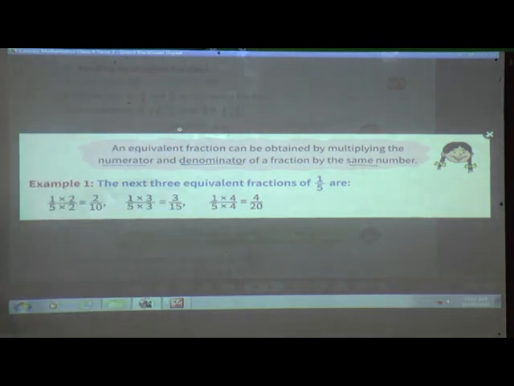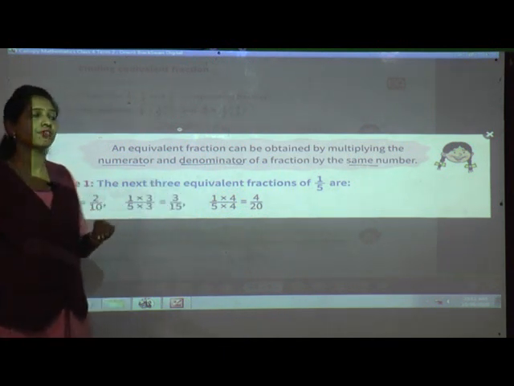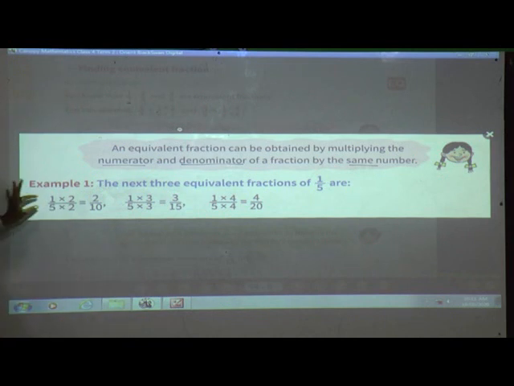So they have given an example: the next 3 equivalent fractions of 1 by 5 are. Suppose they have given 1 by 5, and we need to write the next 3 equivalent fractions. So how can you do it? You can start with 2. 1 multiplied by 2, we get 2.